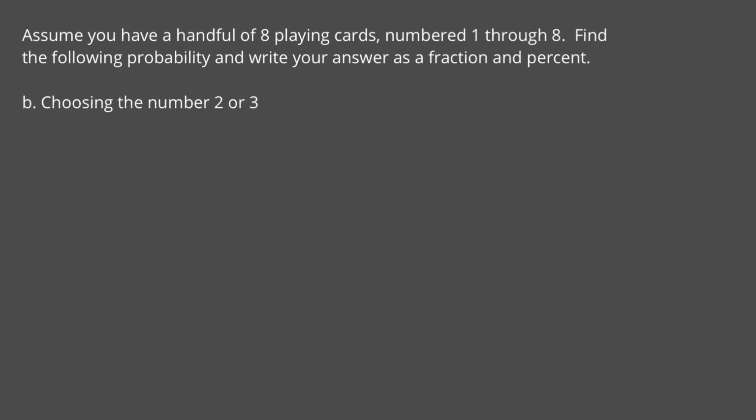For part B, we want to figure out the probability of choosing the number 2 or 3. So on the very first slide, we agreed that we have playing cards 1, 2, 3, 4, 5, 6, 7, and 8. So the problem asks us to choose numbers 2 or 3.